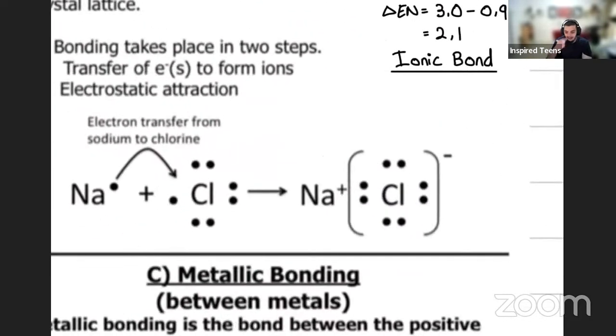The metal that has just lost an electron becomes positively charged, and the non-metal that just gained an electron becomes negatively charged. So now sodium is positively charged and chlorine is negatively charged, right, opposites attract, and these two would attract one another and form a crystal lattice.